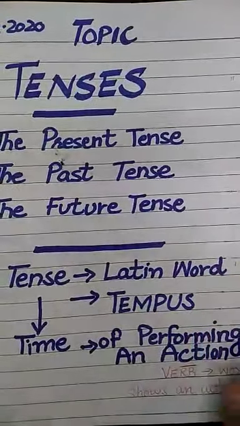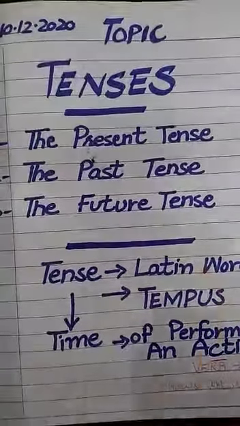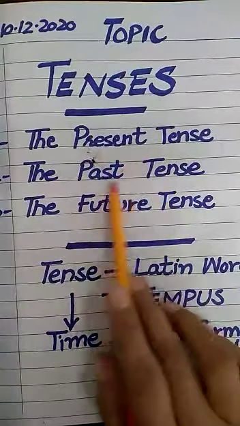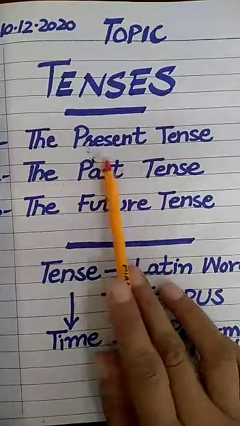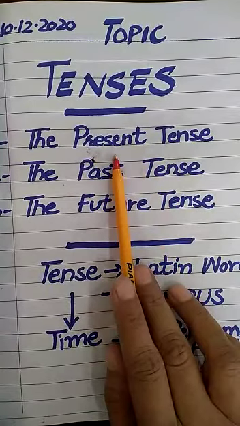Now, boys, the present tense, the past tense, and the future tense. The present tense means the actions which we do in the present time.